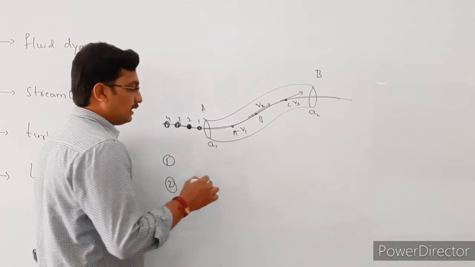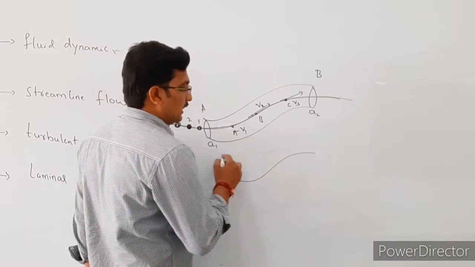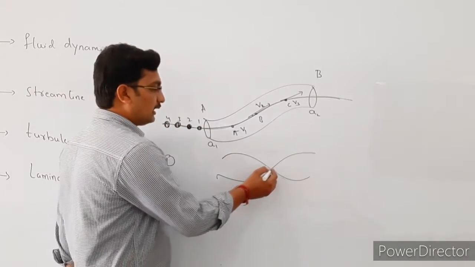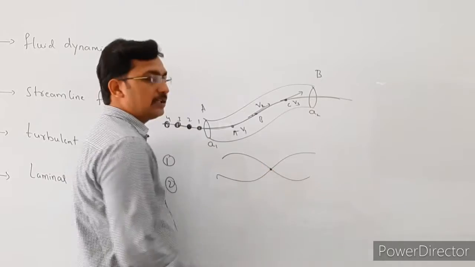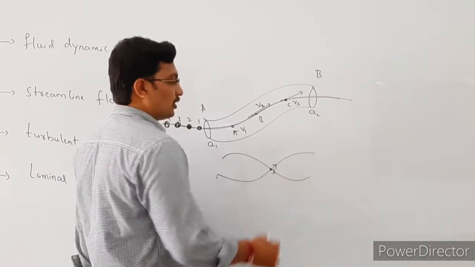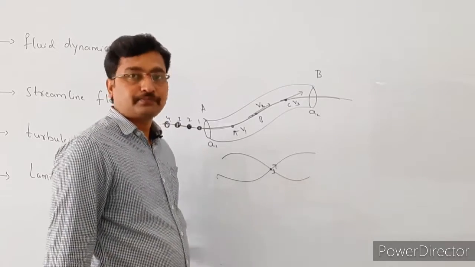See here, for example, consider this is one streamline and this is another streamline. At the point of intersection, the streamline would have two directions, which is not possible, right?